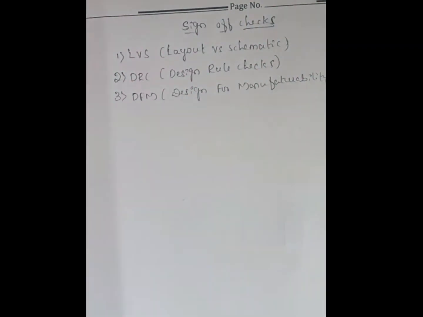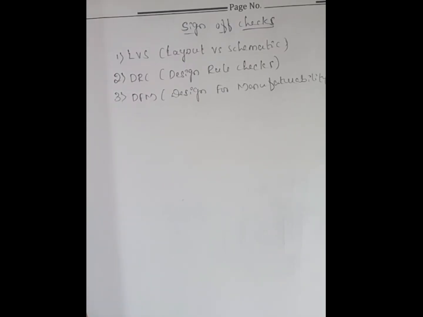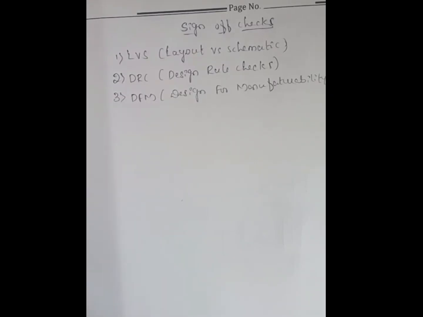First sign-off is LVS, layout versus schematic. Then DRC. DRC is design rule check, which checks for geometrical correctness. Geometrical correctness means it will check the width, the spacing, how much the spacing should be, and density errors. All those things come in the DRC. Area errors also come in the DRC. DFM is an extended version of the DRC.